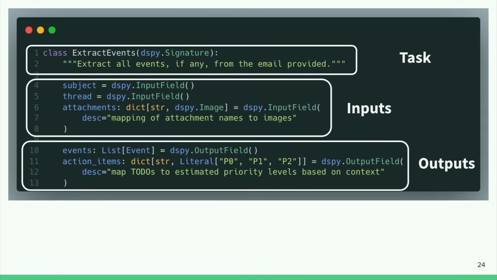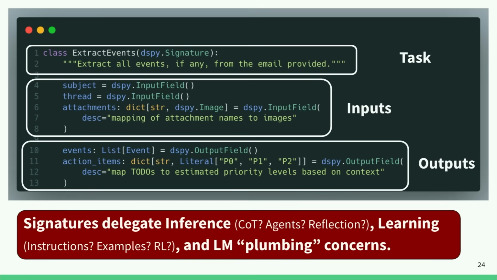I just want a list of events, and you can define an event, maybe a pydantic type or something. And I want action items, which is just a mapping from the name of the item to a priority, P0, P1, or P2. That is the whole thing, right? So assuming you define an event, which could be just 5 or 6 lines, with a name and a title, that is basically all you needed to describe.